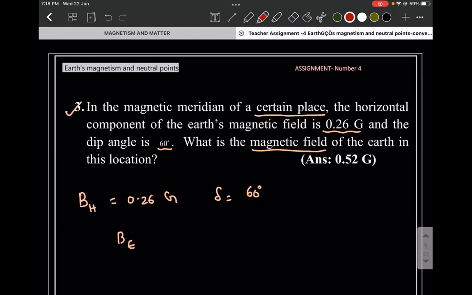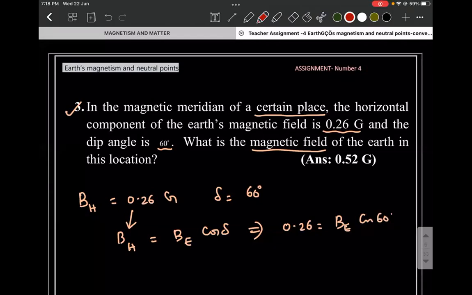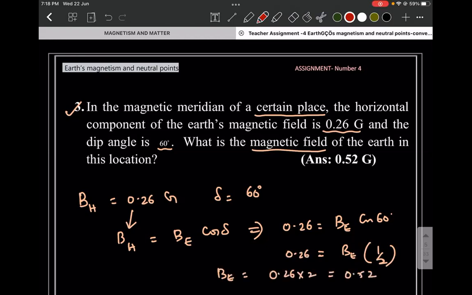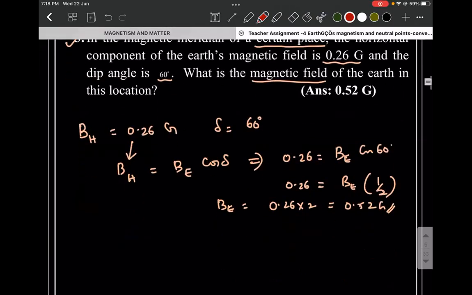So BH is equal to B times cos delta, which implies, substituting, 0.26 is equal to BE into cos 60 degrees. So that will be BE into half is 0.26. Then what will B be? It is 0.52 Gauss. So the Earth's magnetic field at that particular place is 0.52 Gauss.